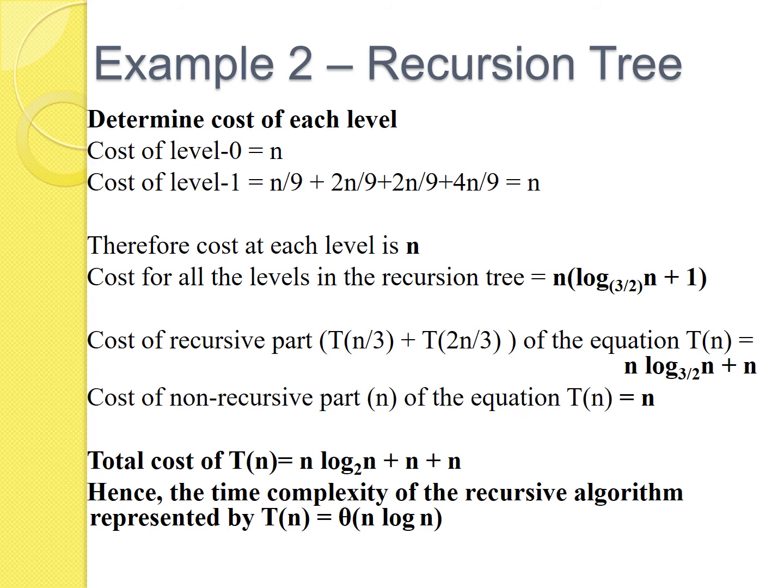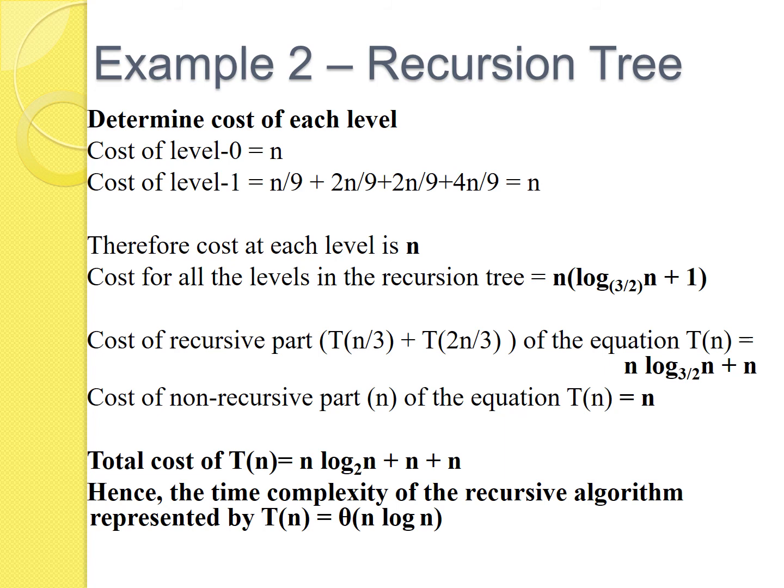Therefore, the cost at each level of the recursion tree could be deduced as n. The cost of all levels in the recursion tree equals n multiplied by log base 3/2 of n plus 1, where, as we know, log base 3/2 of n plus 1 is the height of the recursion tree.